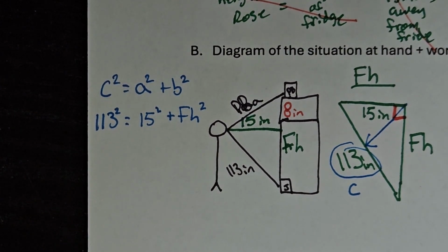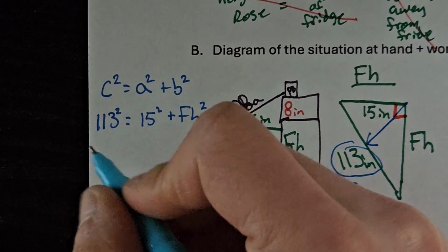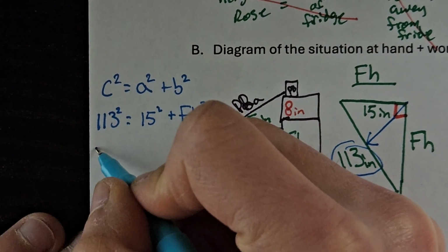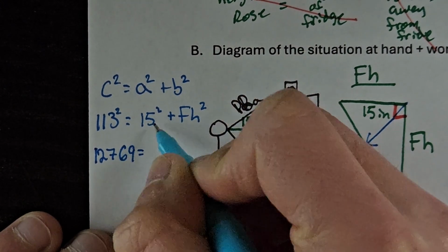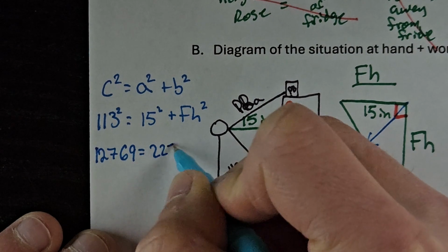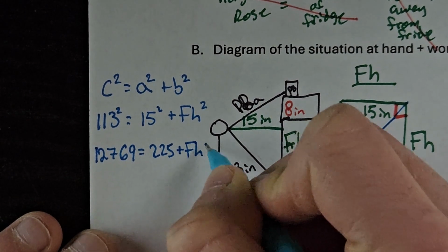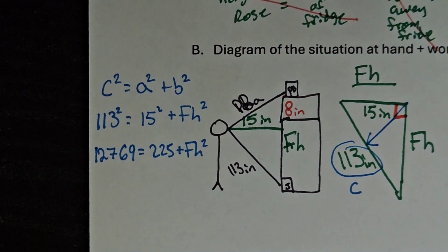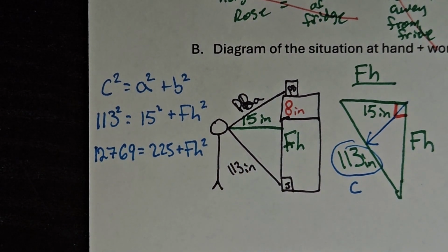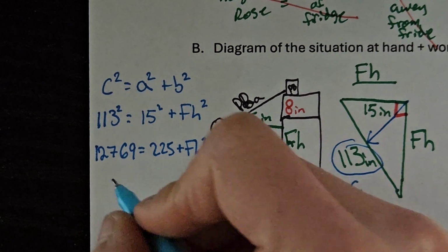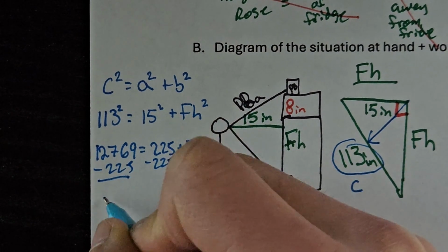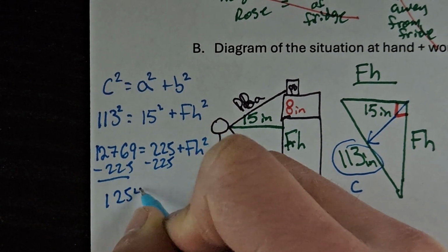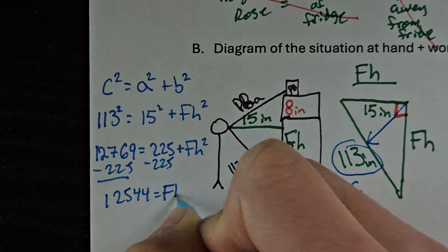And now we can start simplifying things. So I have 113 squared, which will give me 127.69, is equal to 15 squared, which is 225, plus FH squared. Subtracting 225, we will end up getting 125.44, which is equal to FH squared.